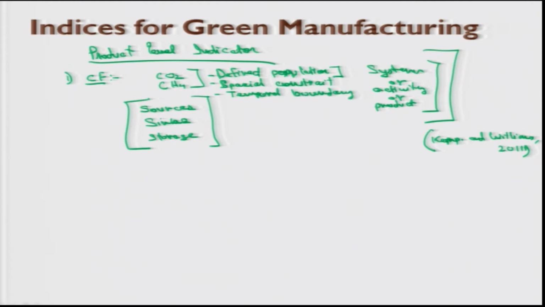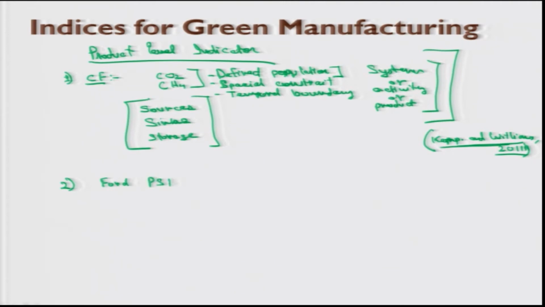So, this was one of the indicators given by these researchers in 2011, at a product level. Another indicator, specifically for automobile manufacturing, was given by Ford, that is Ford PSI.